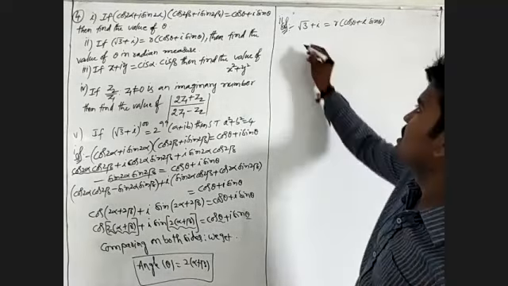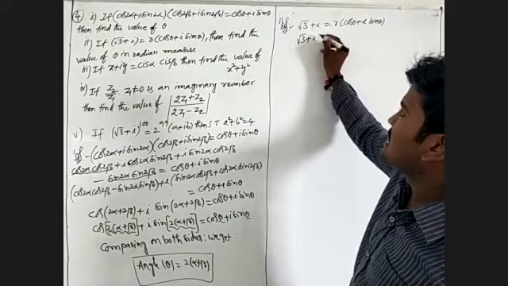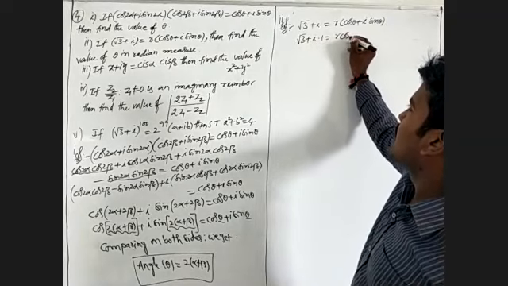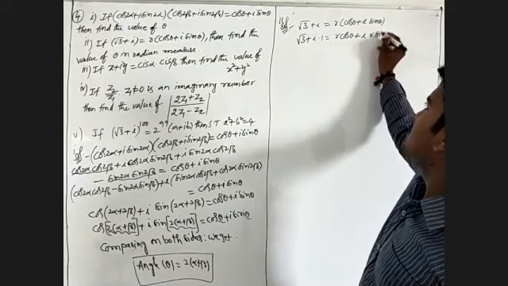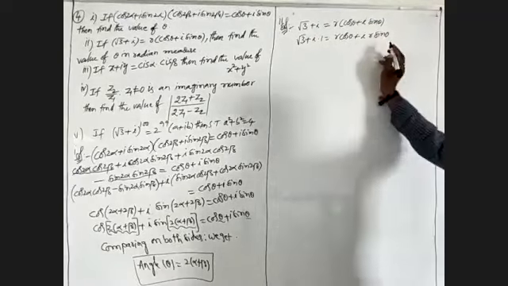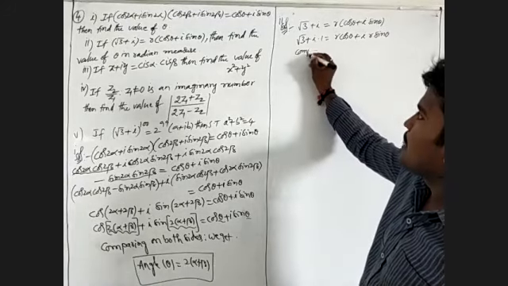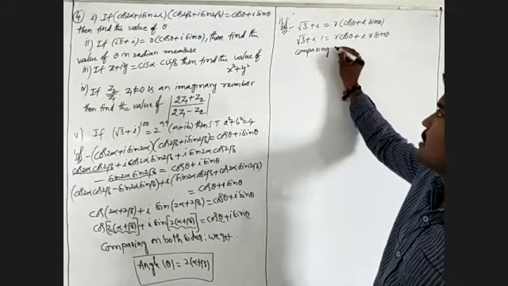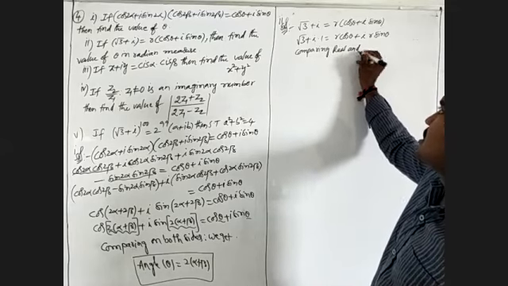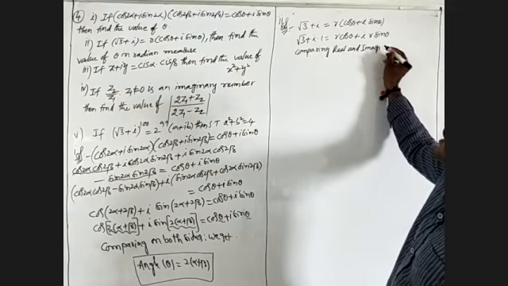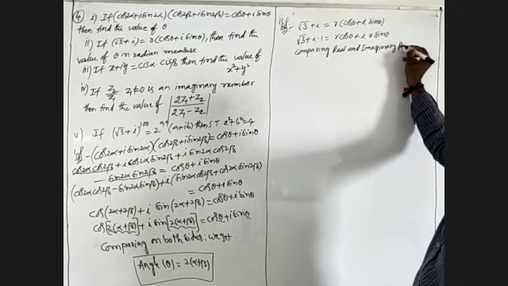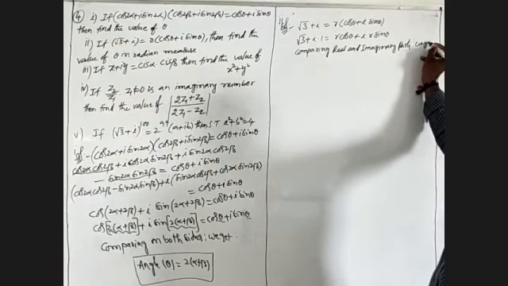We observe this as √3 + i into 1 is r cos θ + i into r sin θ. Comparing the real and imaginary parts, we get √3 = r cos θ and 1 = r sin θ.